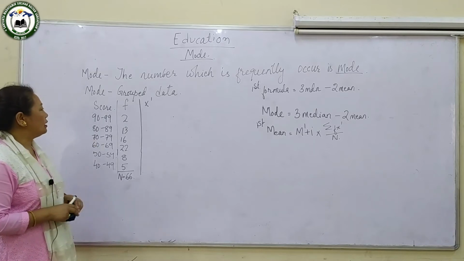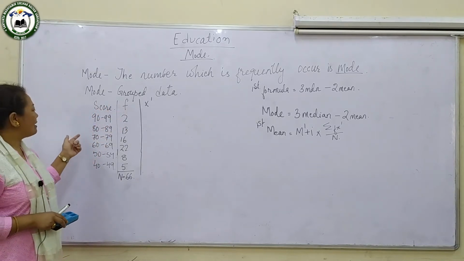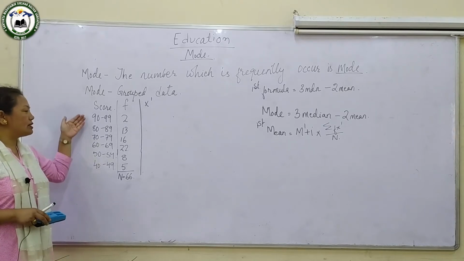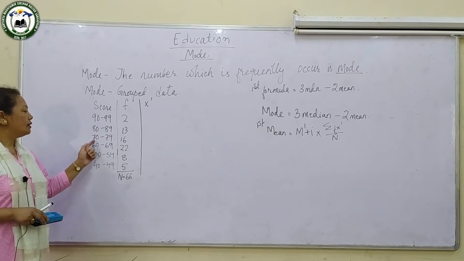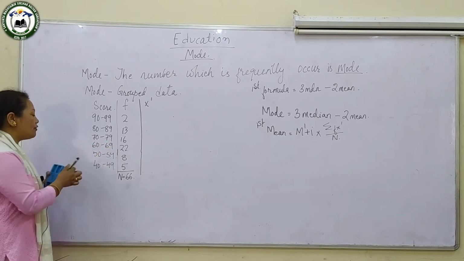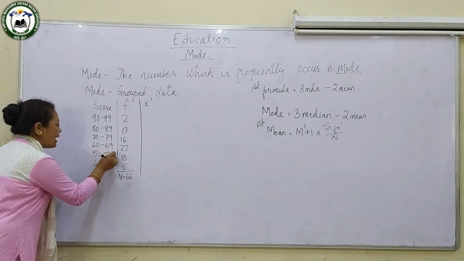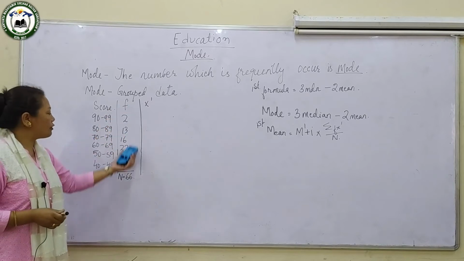Now we'll deal with the group data. Here we have several scores: 90 to 99, 80 to 89, 70 to 79, 60 to 69, 50 to 59 and 40 to 49, with different frequencies.